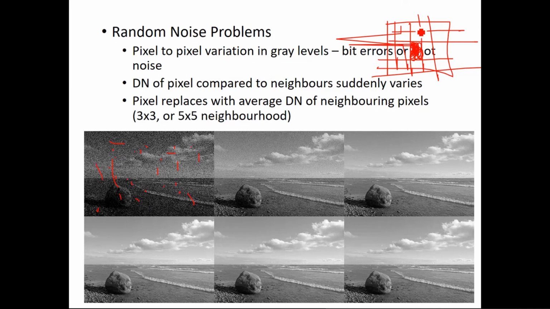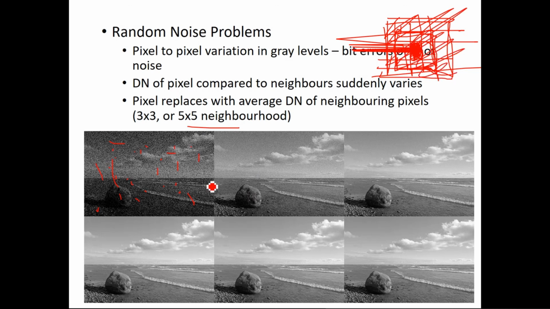So I will replace this DN with the average DN of the 3 by 3 matrix around it. I will consider all the 9 pixels around it, and considering the average of these pixels, I will evaluate the DN of this particular pixel. Or I can also go for a 5 by 5 interval, correcting this DN based on the average DN of all the surrounding 5 by 5 pixels.